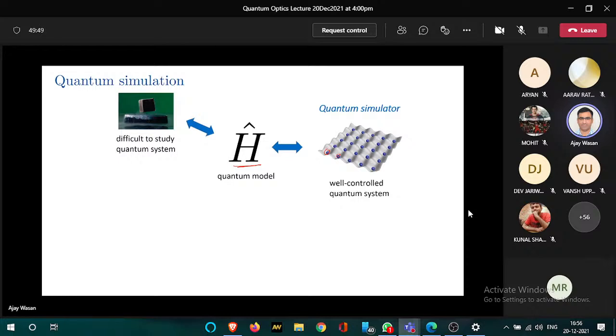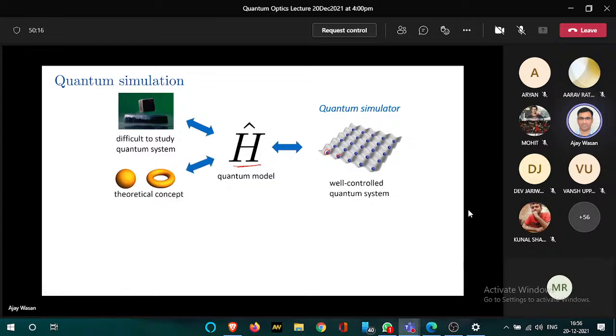We have reached that sophistication in the last 2-3 years. So you just put all the atoms in order. Here I am showing 2D, you can put them in 3D also, and then you do all the other studies. Interaction between two atoms, many atoms, we can do everything. So this is called simulation.